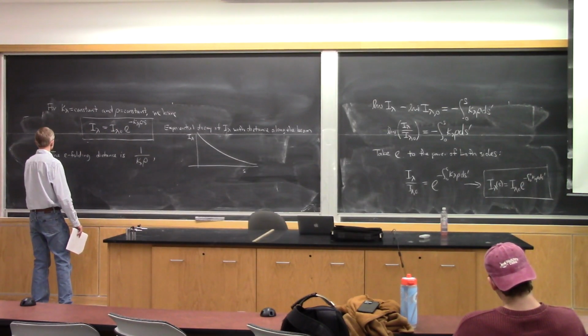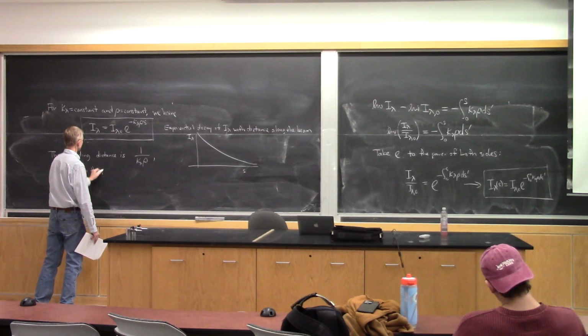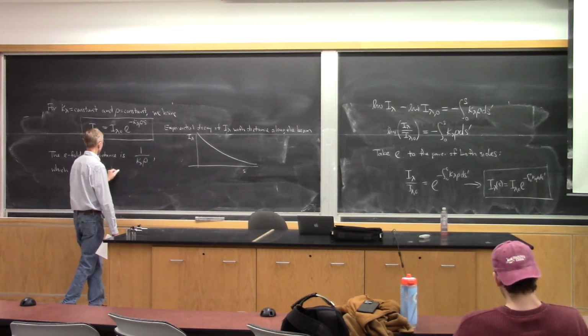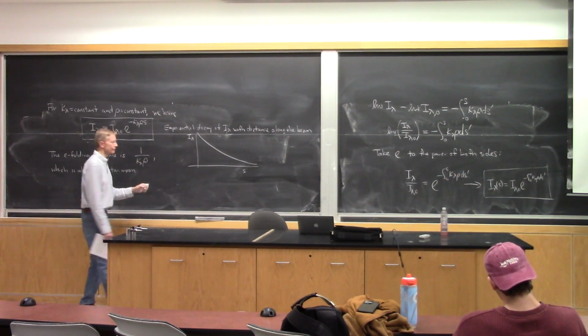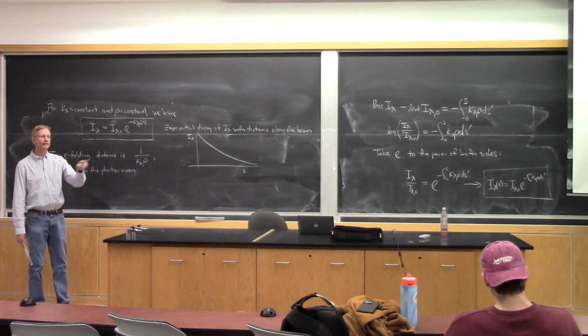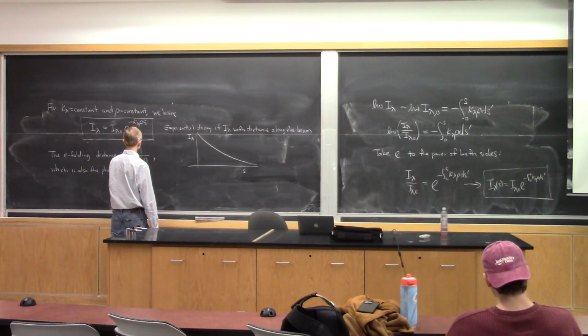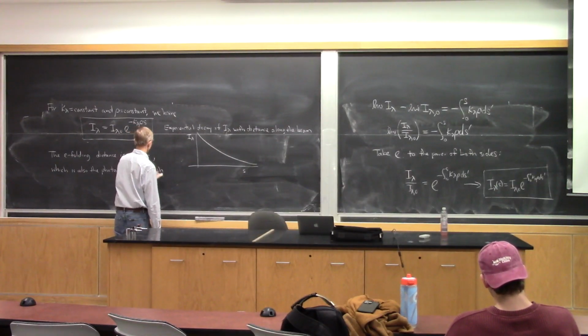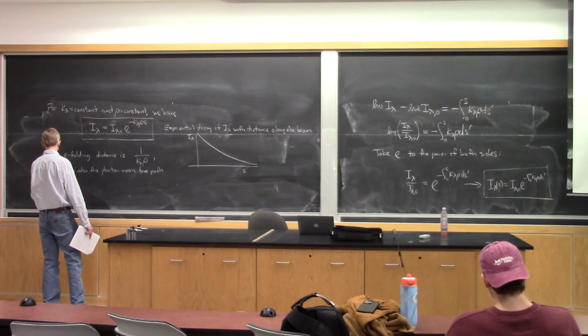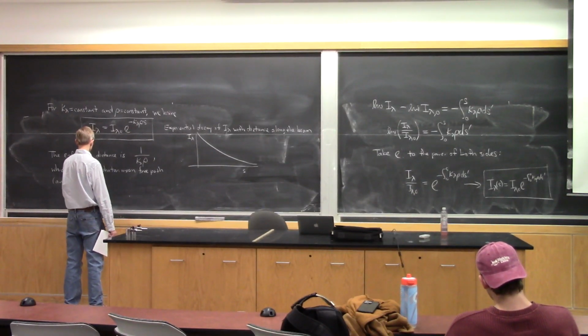Which is also the photon mean free path, the average distance a photon travels before getting eaten. In this case, it's going to be scattered out of the beam or absorbed out of the beam. That'll be the average distance a photon travels before being scattered or absorbed.